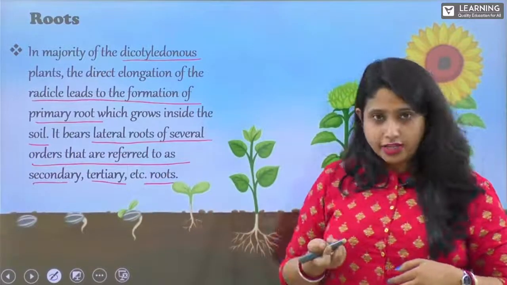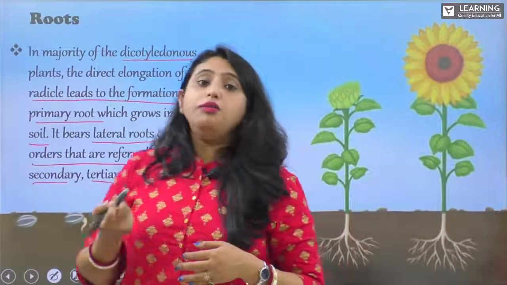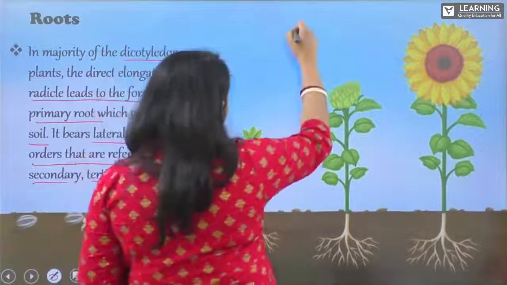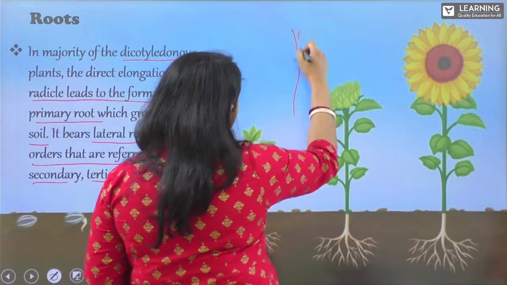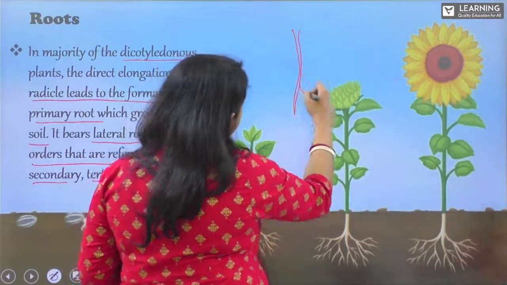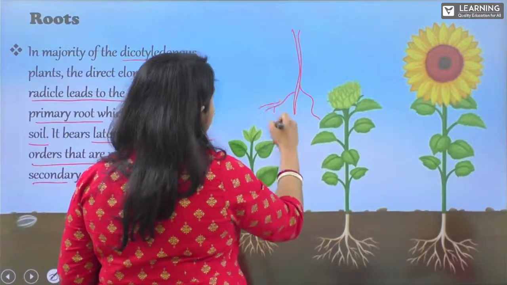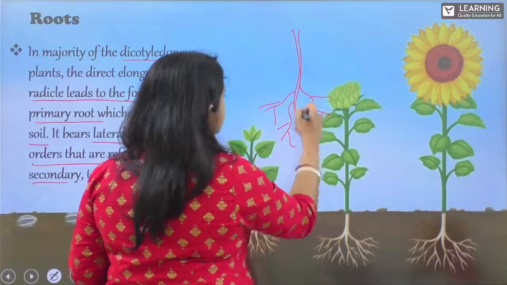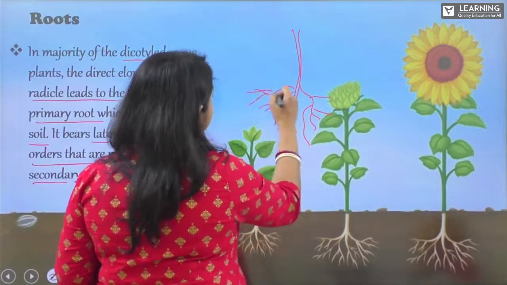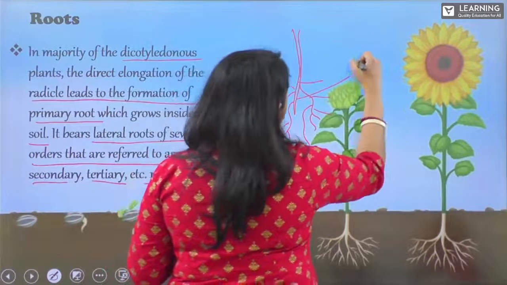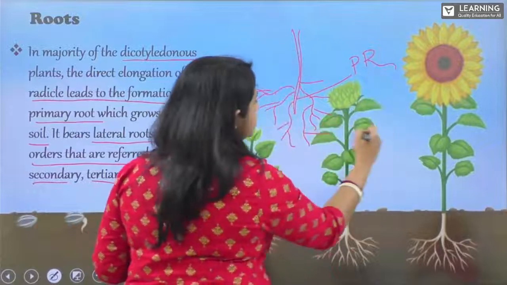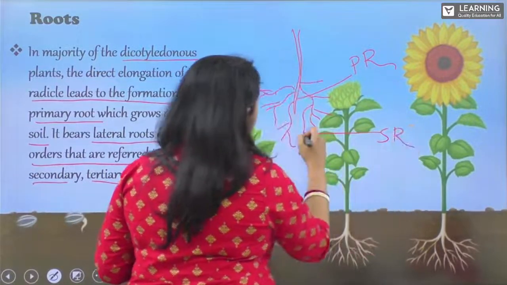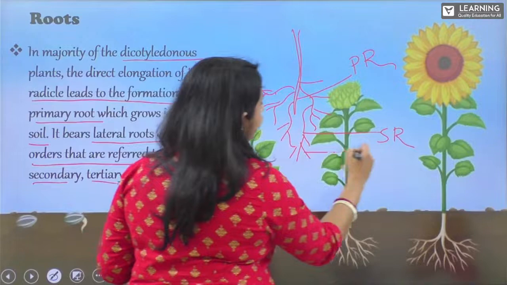tertiary roots, etc. So for example, this is the primary root of the plant. From here, many roots come out in the case of dicotyledonous plants. This is your primary root, this is your secondary root, and again from here some more roots come out.